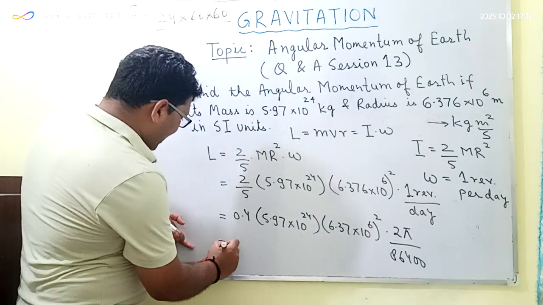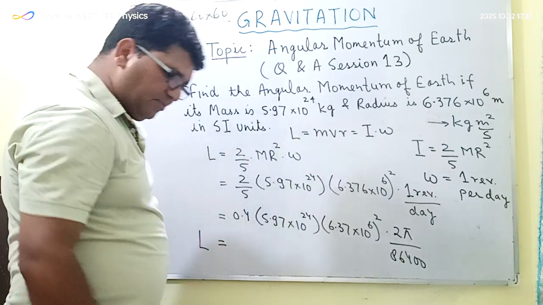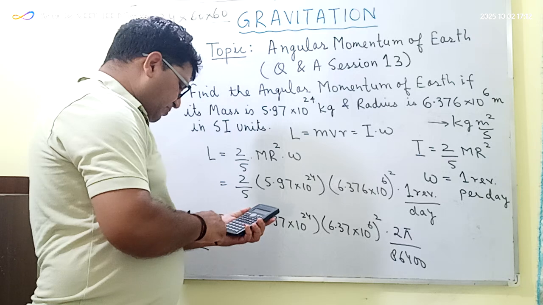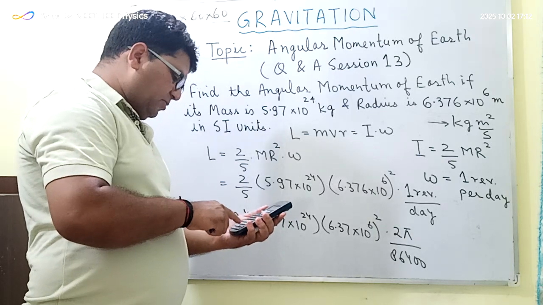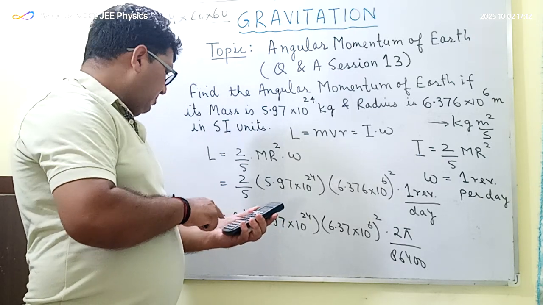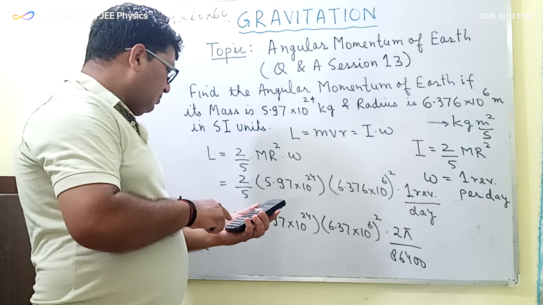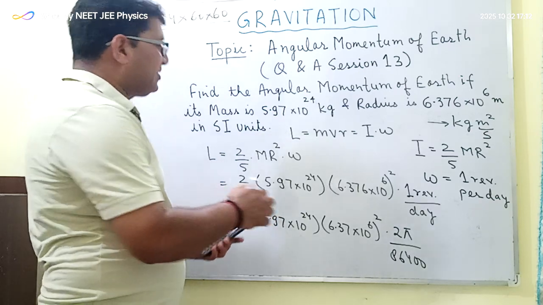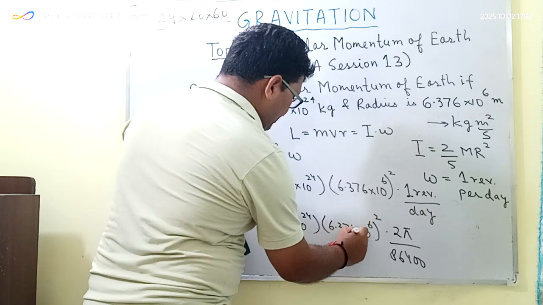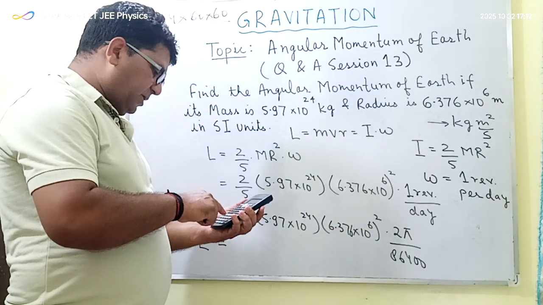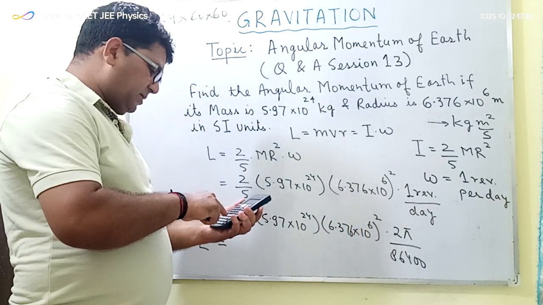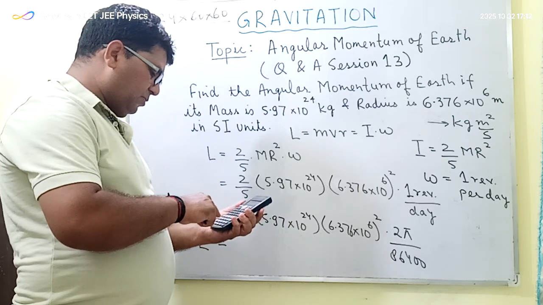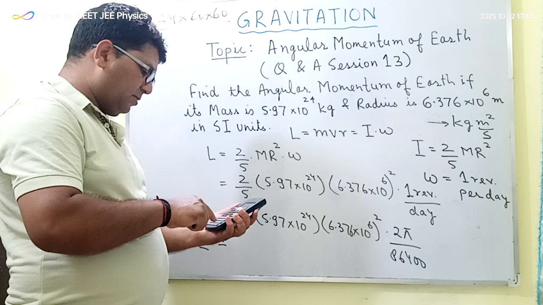So from here, the angular momentum of the Earth will be equal to, if I just multiply all these values, 0.4 into 5.97 into 6.376 into 6.376 into 2 into 3.14.